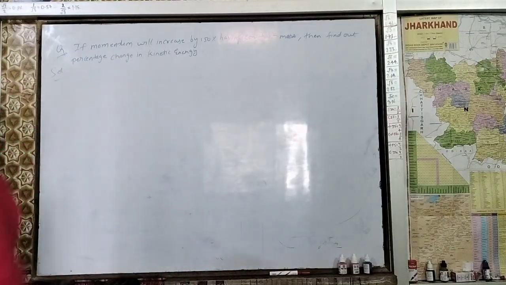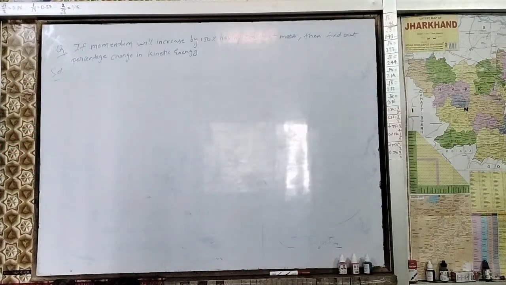Let's assume again it is asking what is the change in kinetic energy in the form of a percentage, where momentum is changing by 150%, having constant mass. Momentum is increasing by this much percentage, where mass is constant.